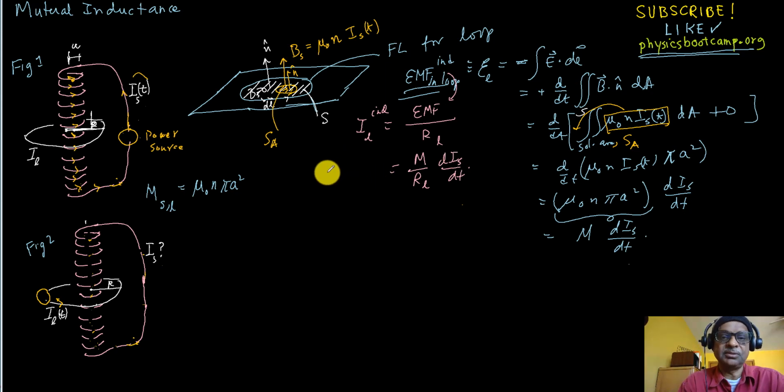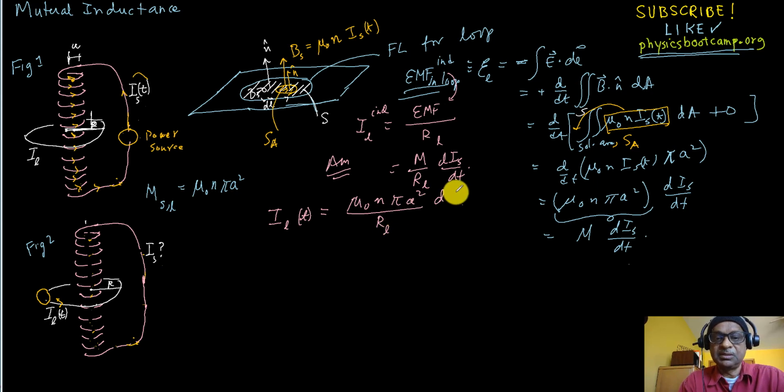Okay, so that's the answer for part A. This current induced in L could be a function of time if this is not linear; it could be constant, this is linear. Mu naught n pi a squared over the loop's resistance times the time derivative of the current in the solenoid.